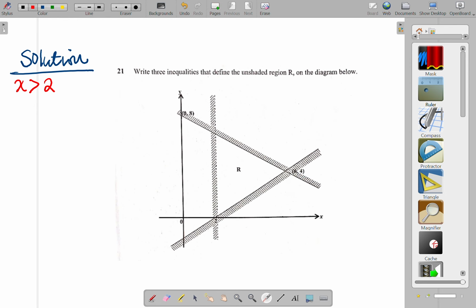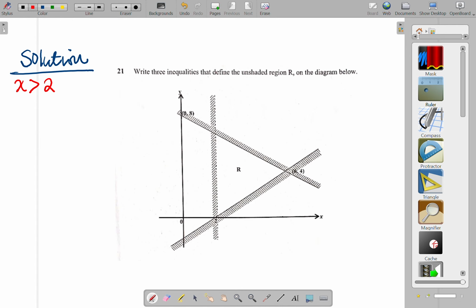Now, one thing that is worth taking note of here is that when you look at this line, we are saying y is equal to 8. This is 0,8. If you're so observant, 0,8, meaning the y-intercept there is 8. Our c is going to be 8, and here we've got at this point 6,4. So we can find the gradient there.